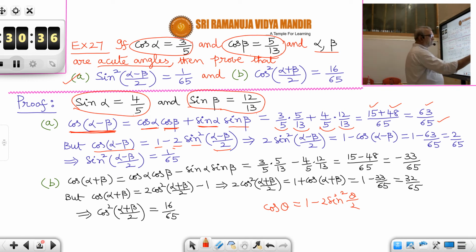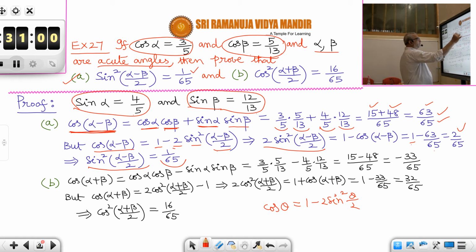It is 1 minus cos alpha minus beta. Cos alpha minus beta we have found just now, 63 by 65. 1 minus 63 by 65 is 2 by 65. That is 2 sin square alpha minus beta by 2. Therefore, sin square alpha minus beta by 2 is equal to, dividing by 2, 1 by 65. So first bit proved. First bit A, sin square alpha minus beta by 2 is equal to 1 by 65.